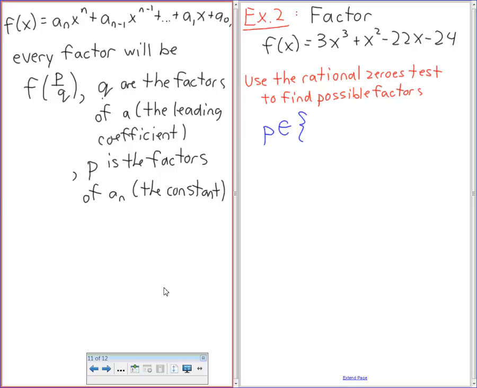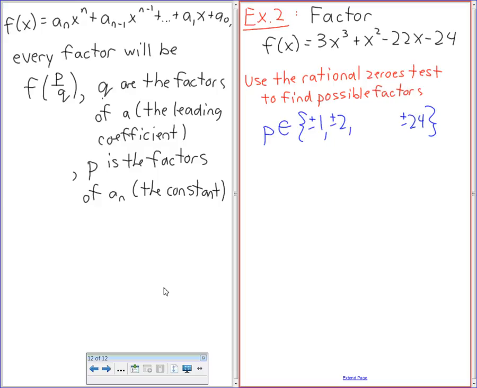Can somebody tell me a factor of 24, please? Go ahead. 24 works. I'm going to put that at the end. I'm going to call that plus or minus 24, because positive and negative 24. Anything else? 2 works. I'm also going to call 1. Anything else that divides by 24? 3 and 8. 3, 4, 6, and 8, I think are the other ones, right?